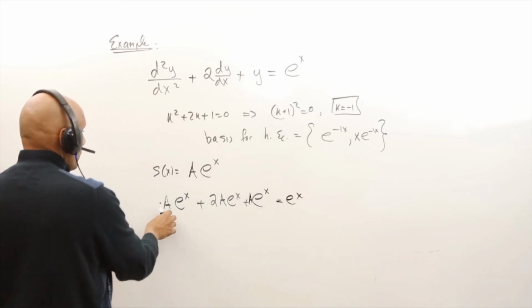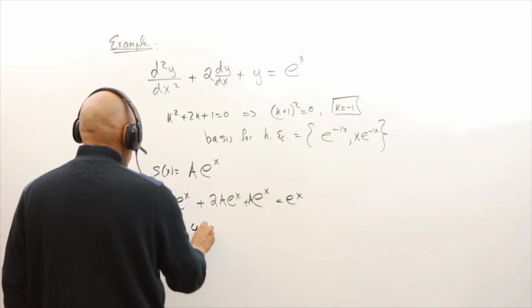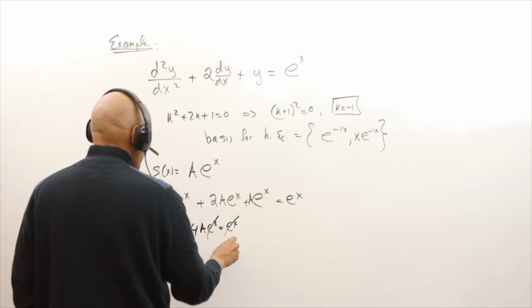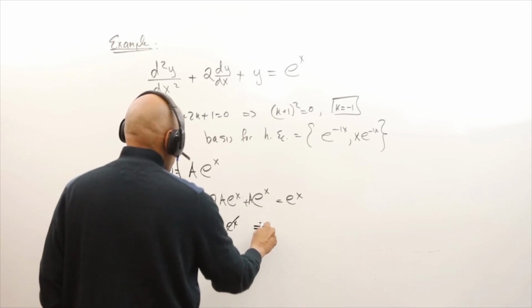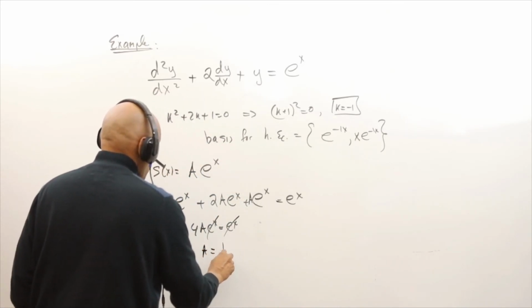Notice we have 1, 2, and 1, so this is 4a e to the x is equal to e to the x. Drop out the e to the x, and we're left with a is equal to 1/4.